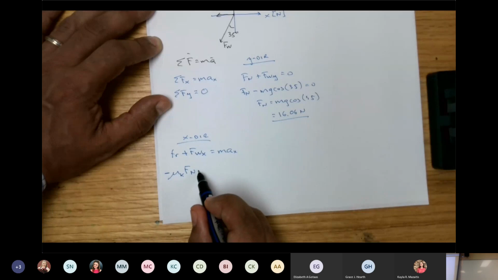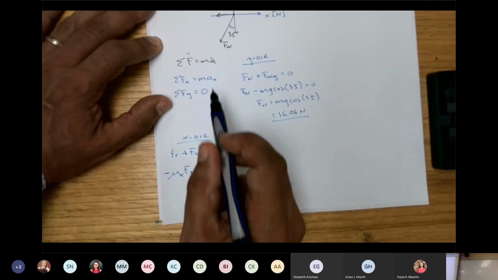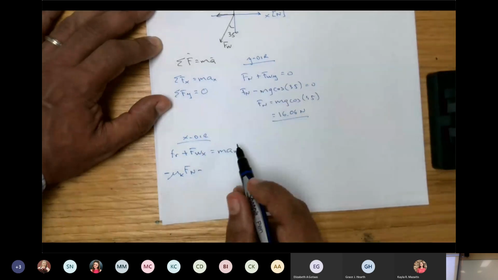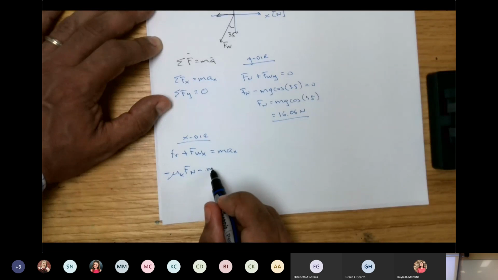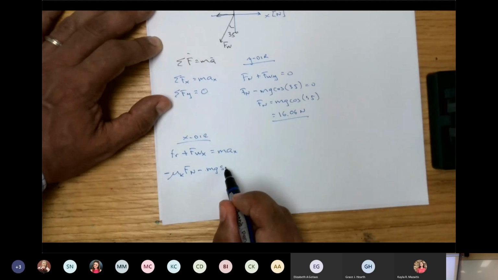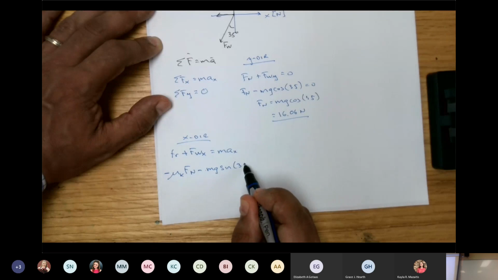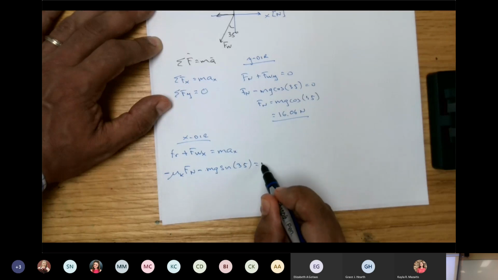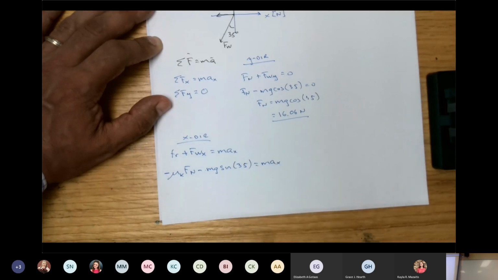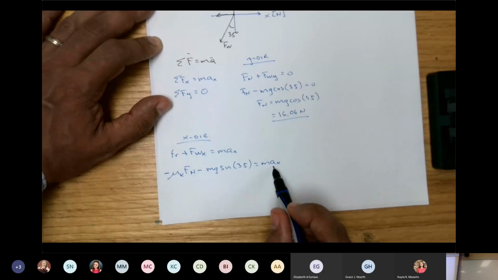So this will be negative again, because it's pointing in the negative x direction: mg sine of 35. And this will be equal to m a_x.